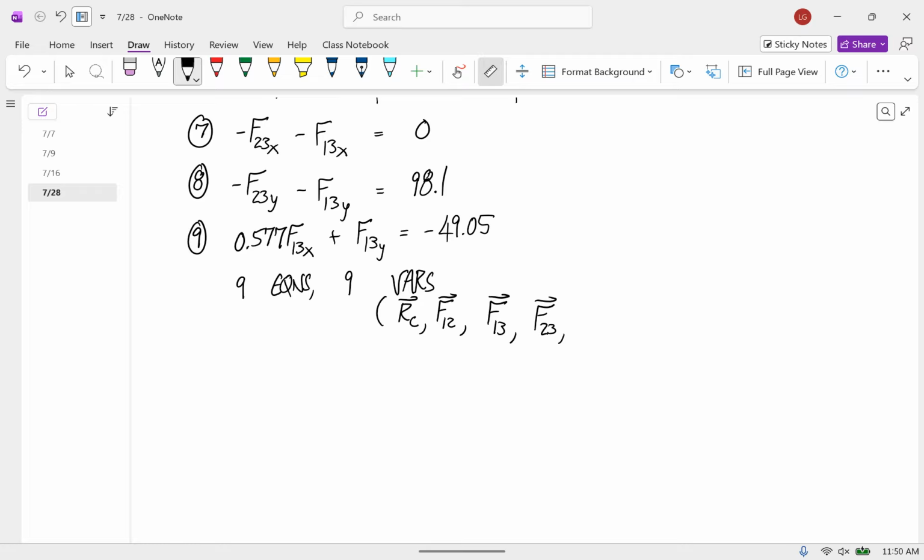And then RA is a scalar because that's a known direction. So that's 2, 4, 6, 8, 9. And so we have a system of 9 variables, 9 equations, and we can solve it. Any questions about that?